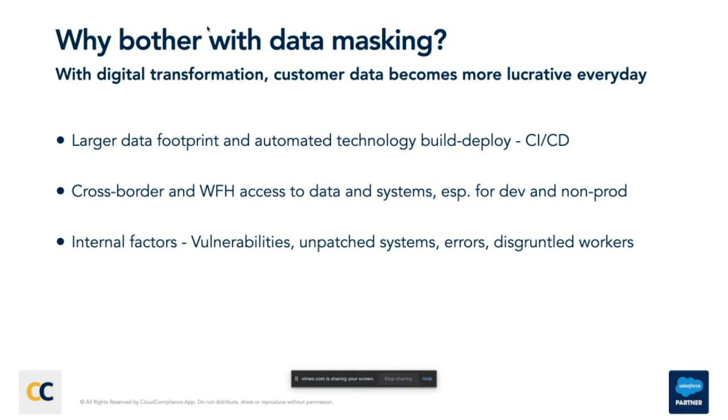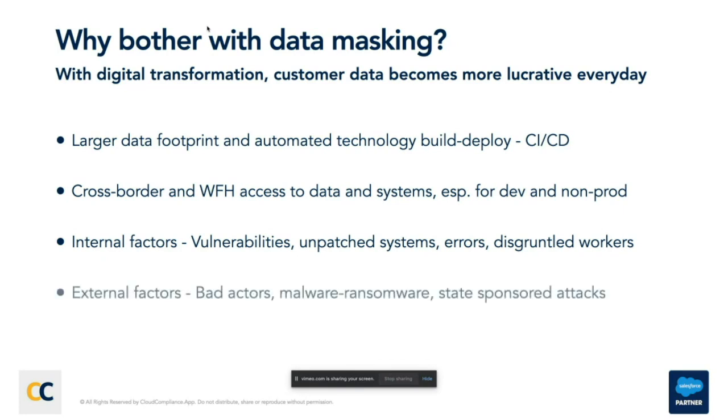I know of a ton of customers where they have accidentally sent out emails from their dev sandboxes to real customers. That is a problem. And in addition, you may have people who are just disgruntled workers. So a lot of internal factors are also a significantly important reason to ensure that your data masking strategy is sound and your sandbox data is always protected.